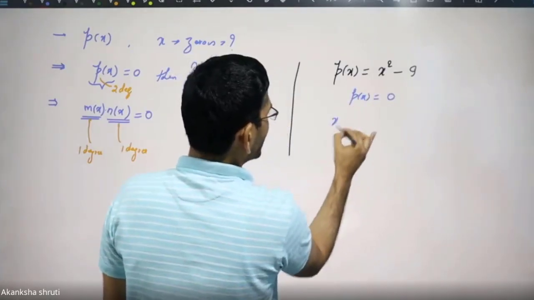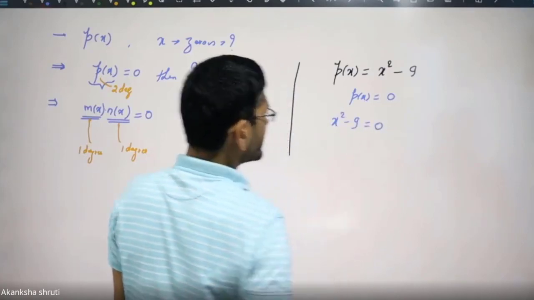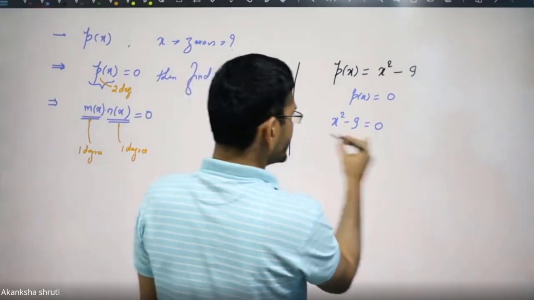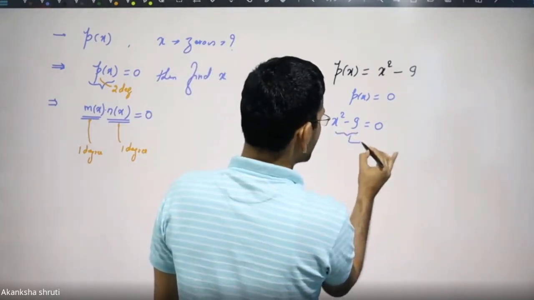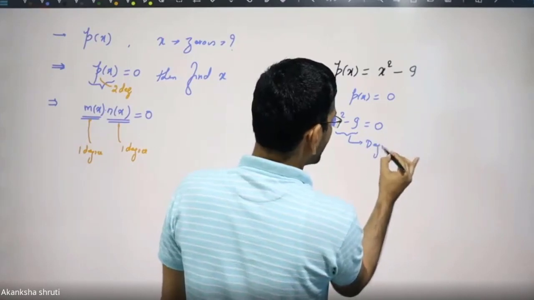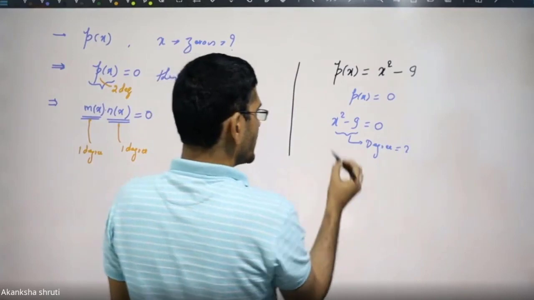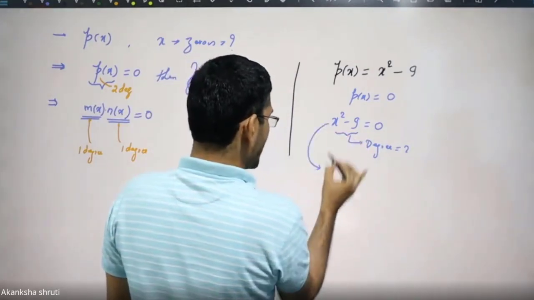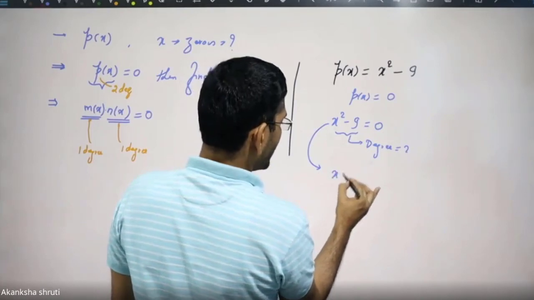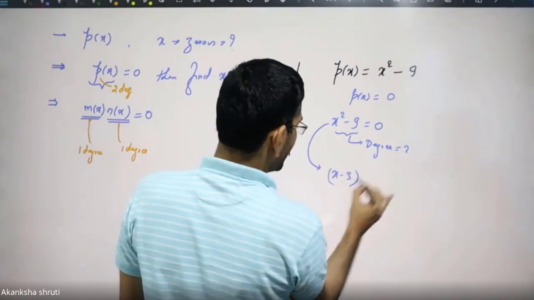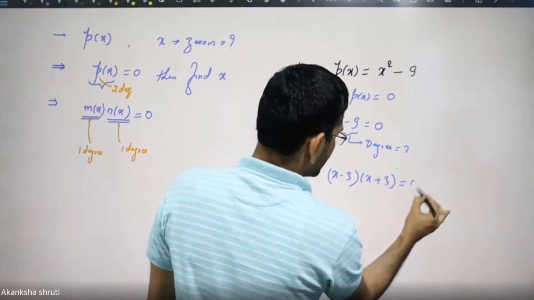It means x square minus 9 has to be equated to 0. Now, what was the degree of this? This x square minus 9 has the degree 2. Now, x square minus 9 can be written as (x minus 3) into (x plus 3) equals 0.